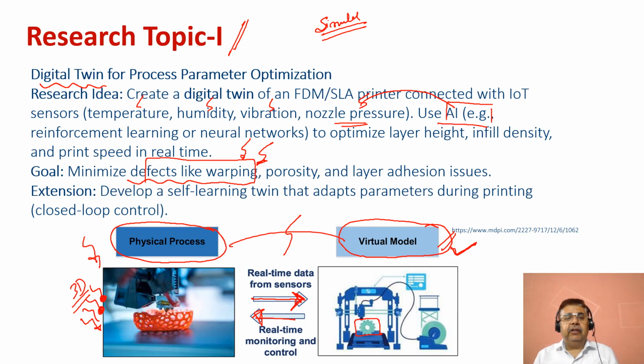Whereas in a digital twin, the virtual model is connected with the real world, the physical process, and they are continuously exchanging information between them. So with real-time exchange of information, the current status of the machine is known in the virtual world, and I can verify it on the machine.